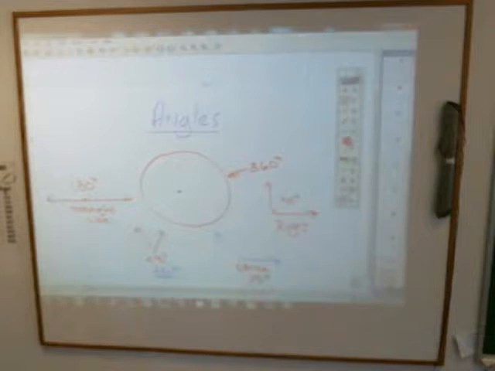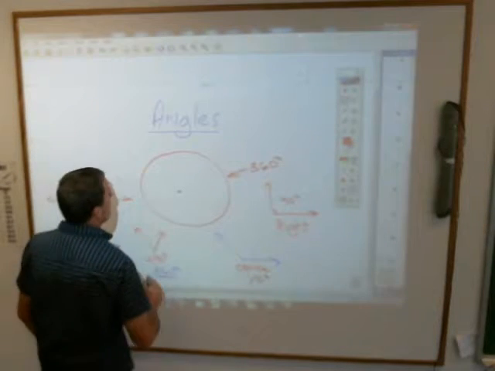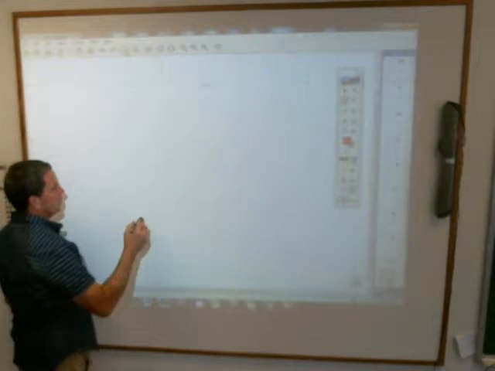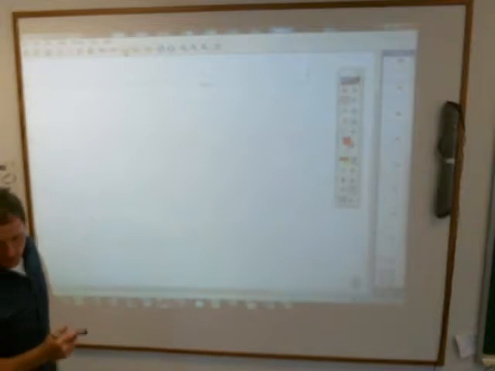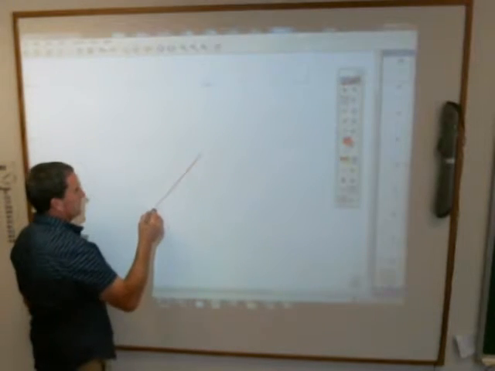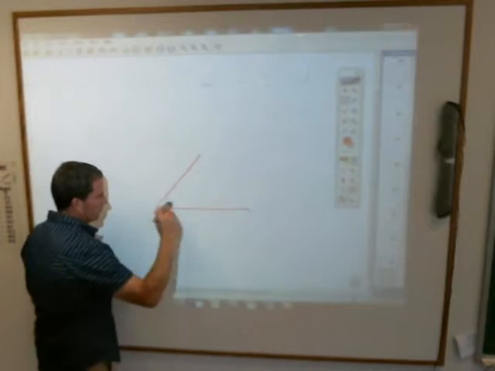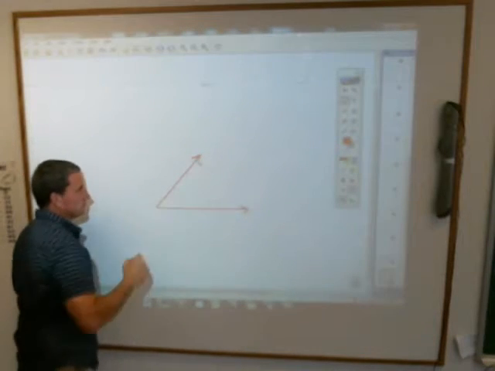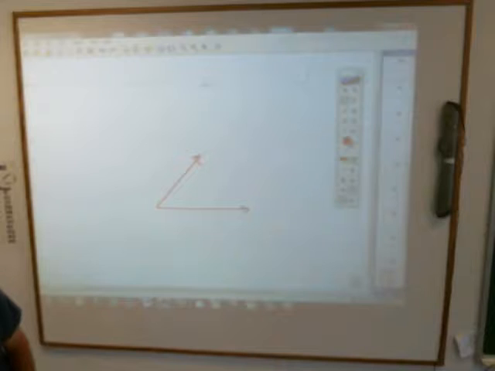Now, I need you to do me a favor for this next one and open your books to page 116, where you'll see an angle. They're using a protractor to measure an angle. And that angle they give you is, what is that?